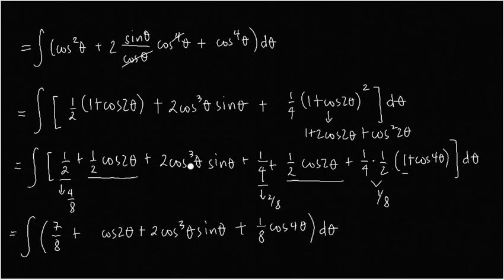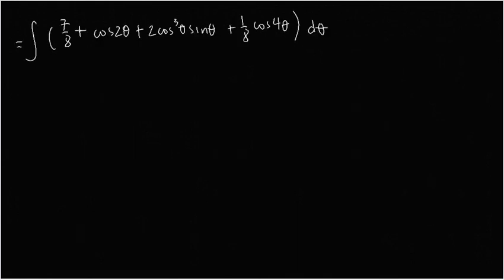So, lahat ng terms dito ngayon ay integrable na. So, this integral can be now evaluated as follows. The integral of 7/8 d theta is 7/8 theta. The integral of cosine of 2 theta is 1/2 sine of 2 theta.